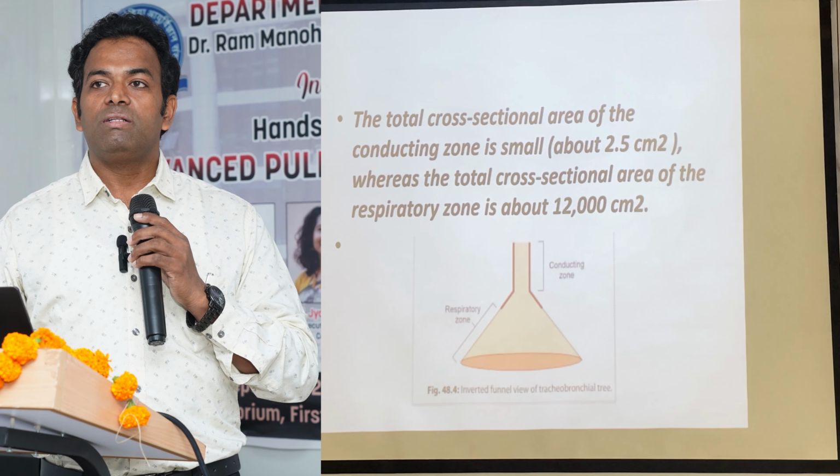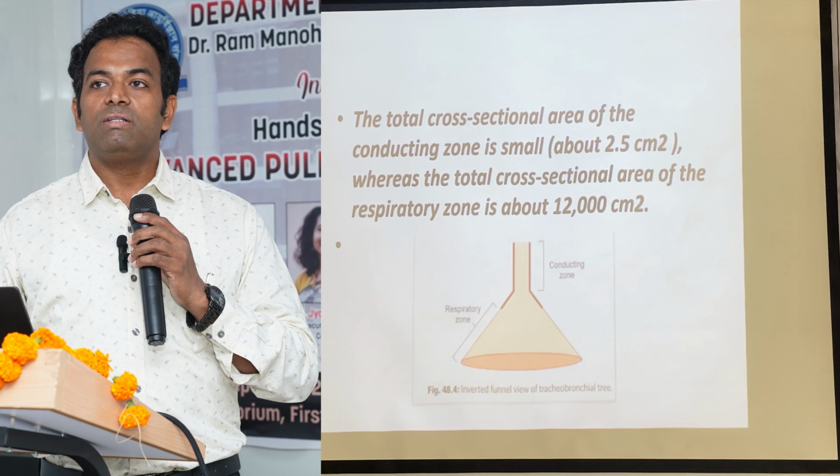Another important aspect is that the total cross sectional area of the conducting zone is small, around 2.5 centimeters square, whereas the total cross sectional area of the respiratory zone is about 12,000 centimeters square. Because of the small alveolar sacs and alveoli, the total surface area is increased, and this helps in the exchange of gases at the respiratory zone.